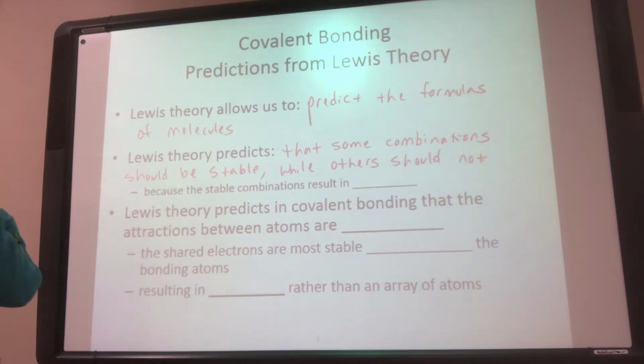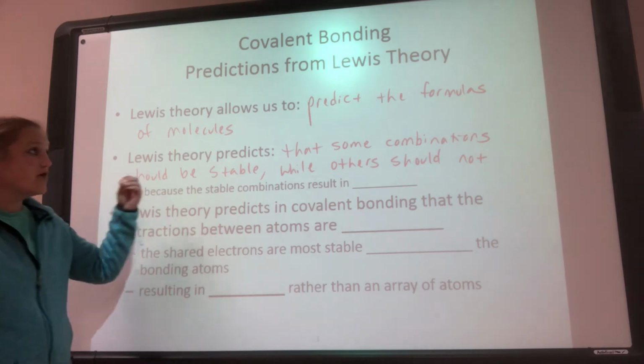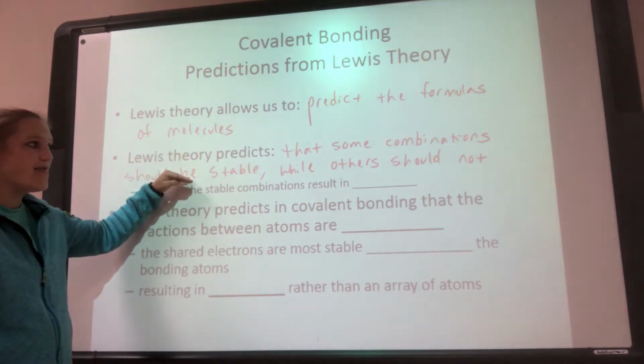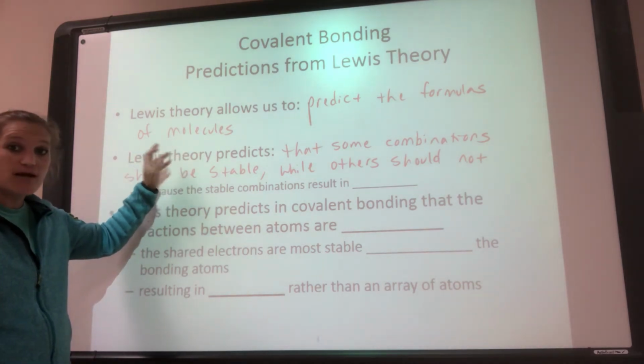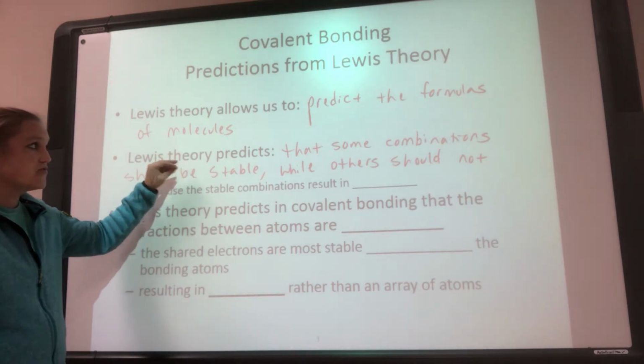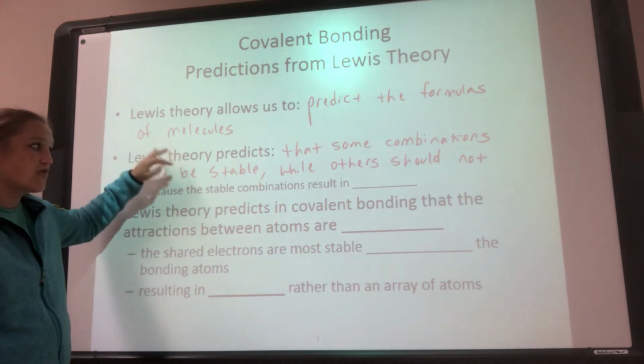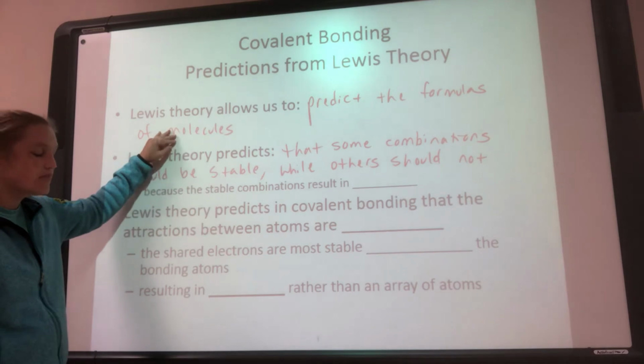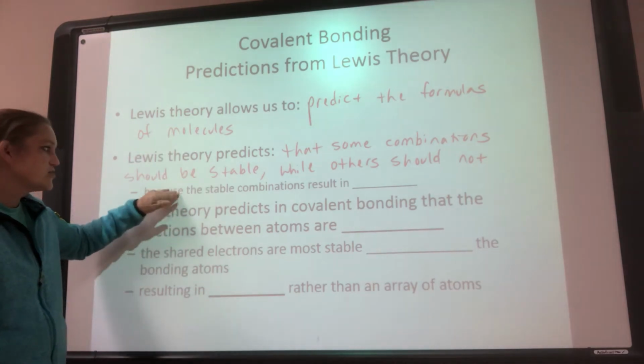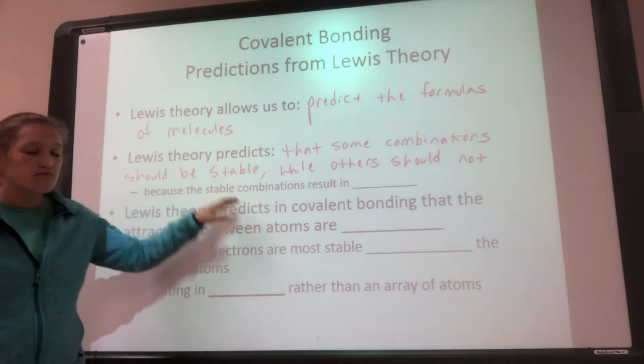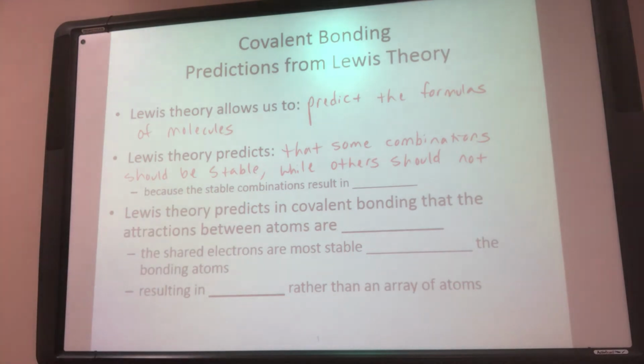So now we'll be able to predict why we could maybe write a formula, but that formula might not occur because it might not be stable. These two go together. If it's stable, that's how we're able to predict the formula, and vice versa. The combinations that are stable are going to result in octets. So stable combinations result in octets.